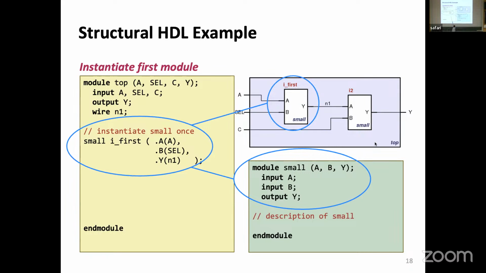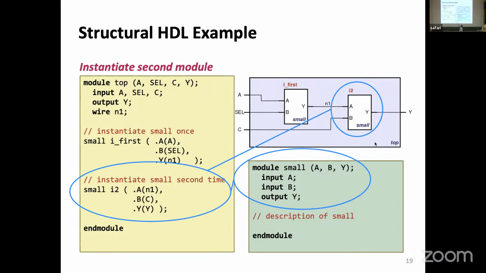Here are the connections that belong to small. Notice A, B, and Y. And I go: dot A will connect to A. Dot B will connect to cell. And dot Y will connect to this one, N1.